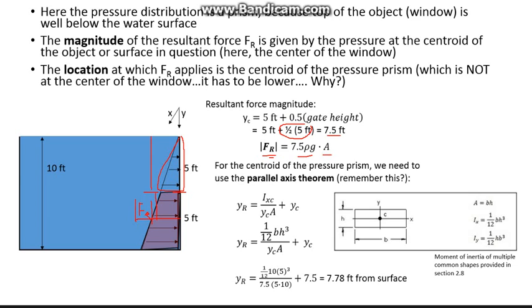Location is a little more complicated in this case. We need to find the centroid of the pressure prism. And we know it's going to be a little bit lower than the center. Remember, for the triangle, it's 1/3 from the bottom and 2/3 from the top. And here it'll be not quite as far, but still there's lower pressure here than down here because there's deeper water down here.